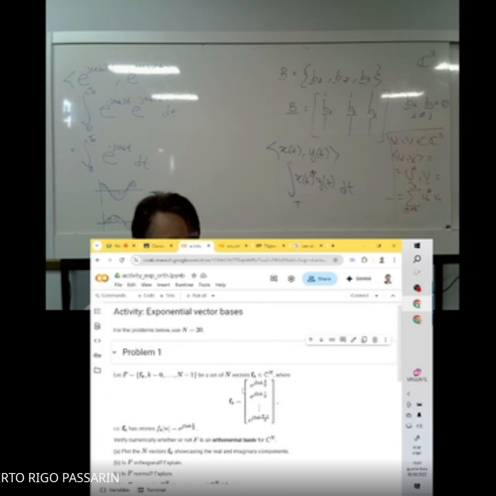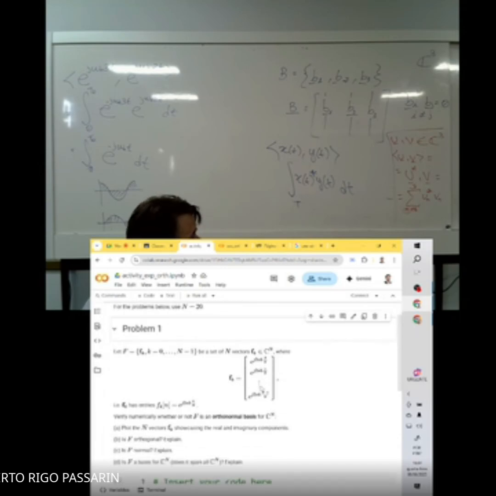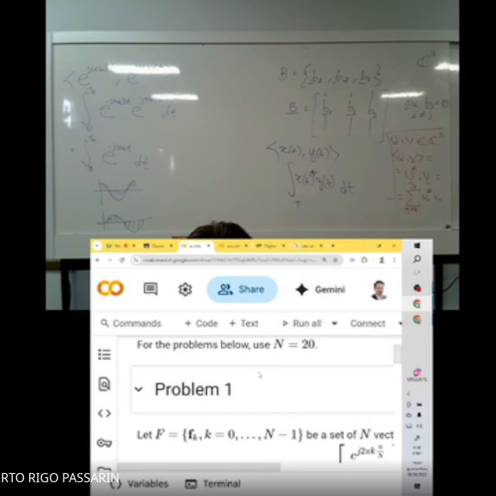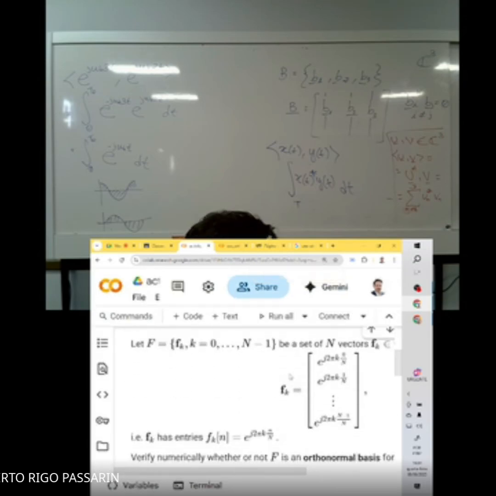Let it be a set of n vectors with complex entries. So n vectors, in this case 20 vectors, they also have 20 entries each of them. So here I'm representing the vectors as a discrete signal, a function of n.